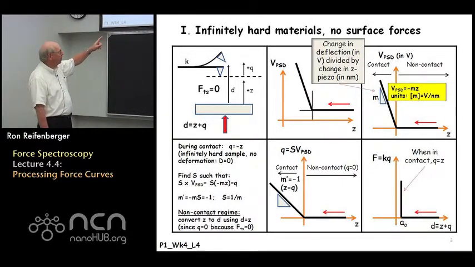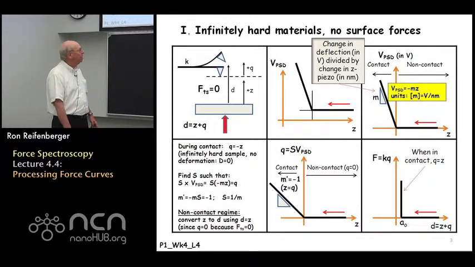So you have to add Z to Q in order to get D, and the ultimate force versus separation curve that you would achieve from this experimental data is shown in the sixth panel on this slide.